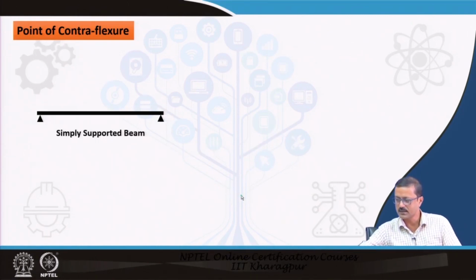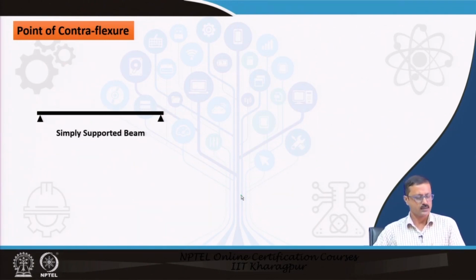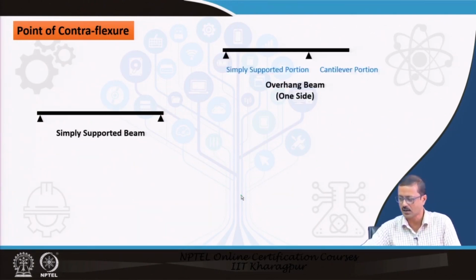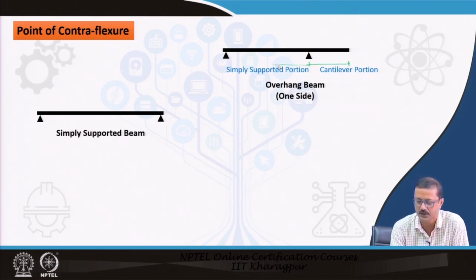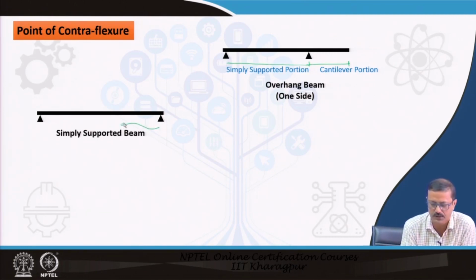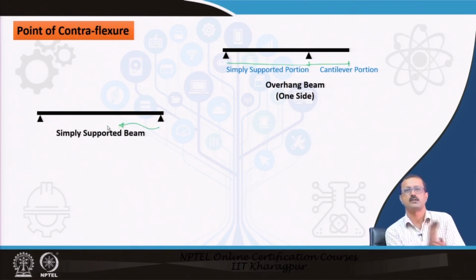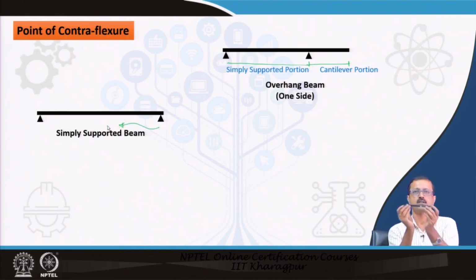Next, let us discuss another very interesting thing called the point of contraflexure. This is a simply supported beam. If I push this particular support a bit inside, I get a cantilever portion and a simply supported portion. This is called an overhang beam, with one side overhang.